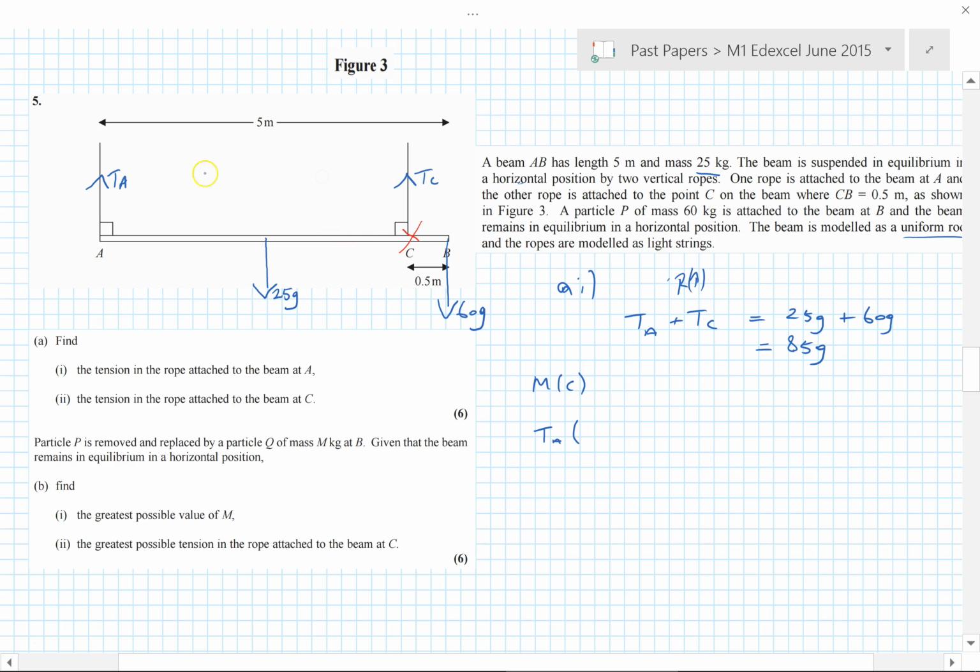Now the distance there is clearly 4.5. That distance is 4.5. Okay, so that's 4.5.